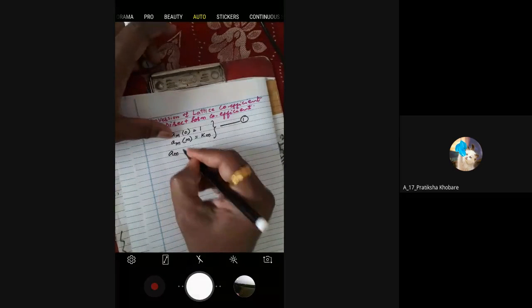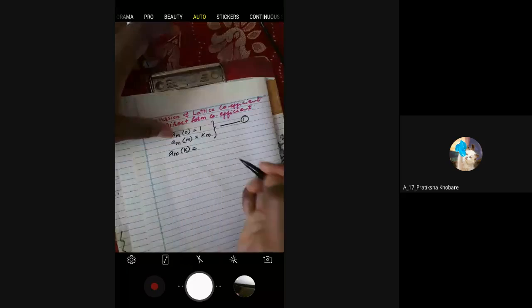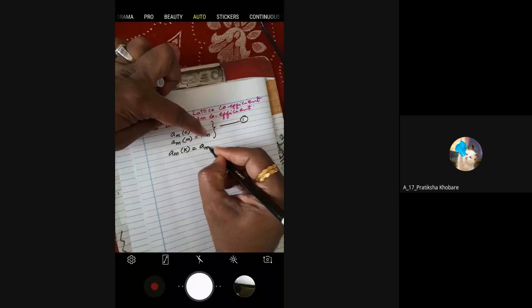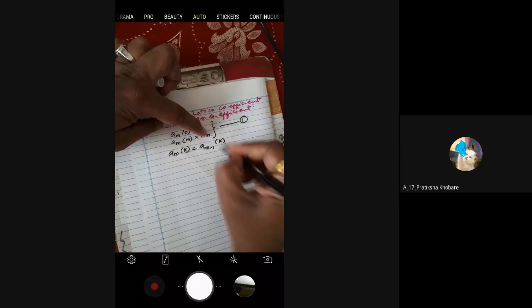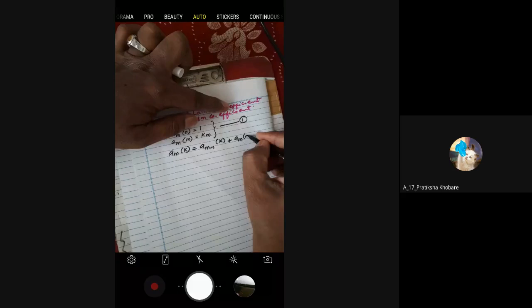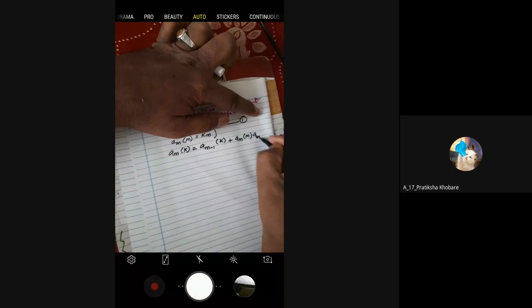The only change here is a_m(k) equals a_{m-1}(k) plus a_m(m) into a_{m-1}(m-k). So this is the formula.